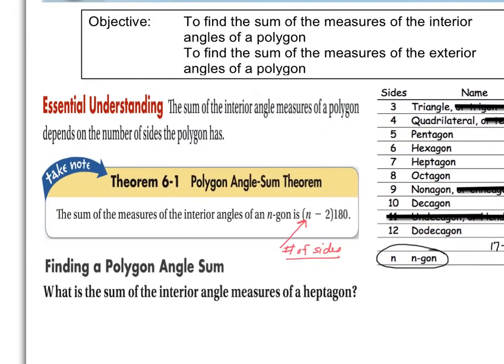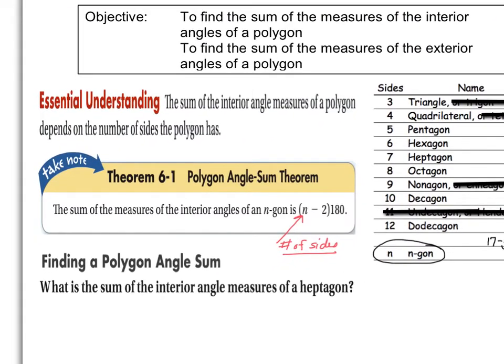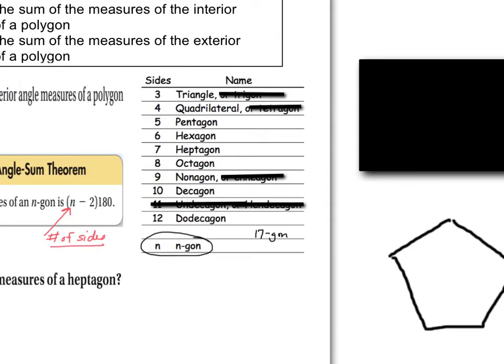All right, so it says the sum of the interior angles of... Okay, now we have names for polygons, and in your notes you'll notice you have a sheet. I'm not going to spend much time on this because this is something that you're going to need to know, you're going to need to memorize. This is the number of sides, and this is the name for each one of these figures.